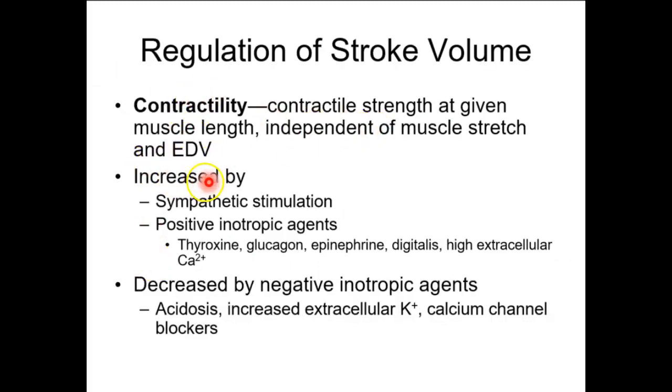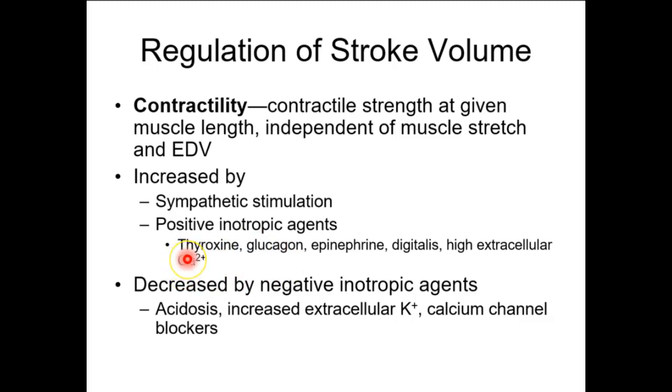Contractility. Sympathetic stimulation and certain drugs are going to increase contractility. So we can use drugs like digitalis, thyroxine, glucagon, epinephrine, or if somebody has high extracellular calcium, those are going to increase contractility.